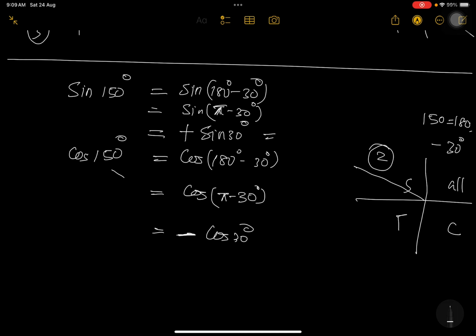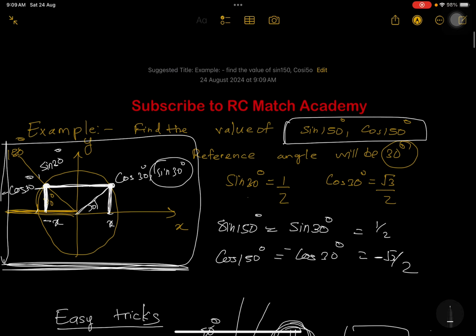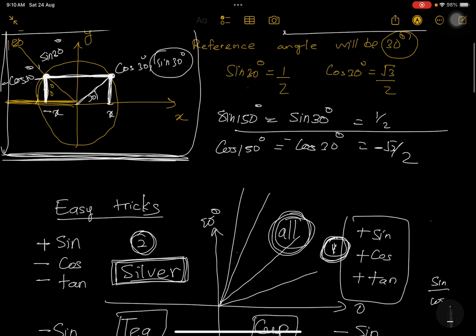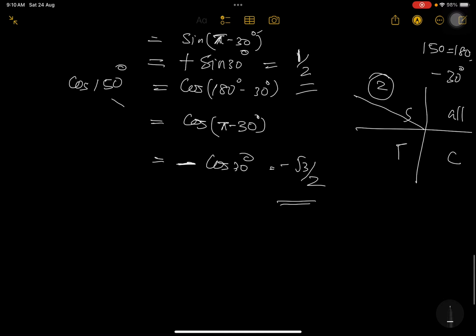So very easy. So sine 30 is half, so plus half. This is minus root 3 by 2. So you can check the values that we found over here. Sine 30 is half, minus root 3 by 2. So this way is very, very easy.